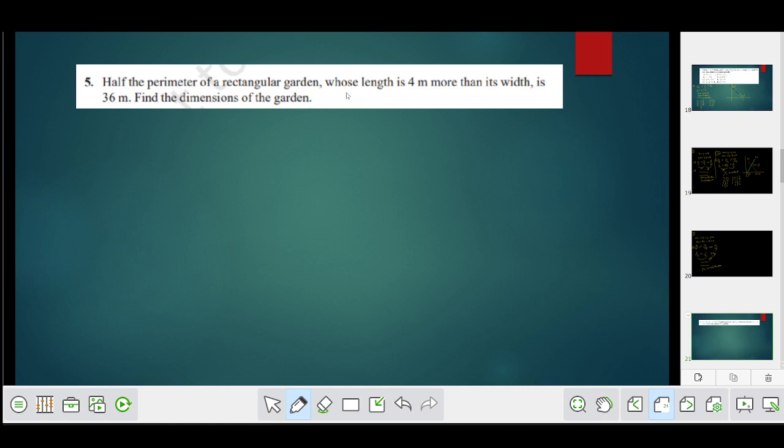Here length is 4 meter more. Length is x, this is y. Clear?